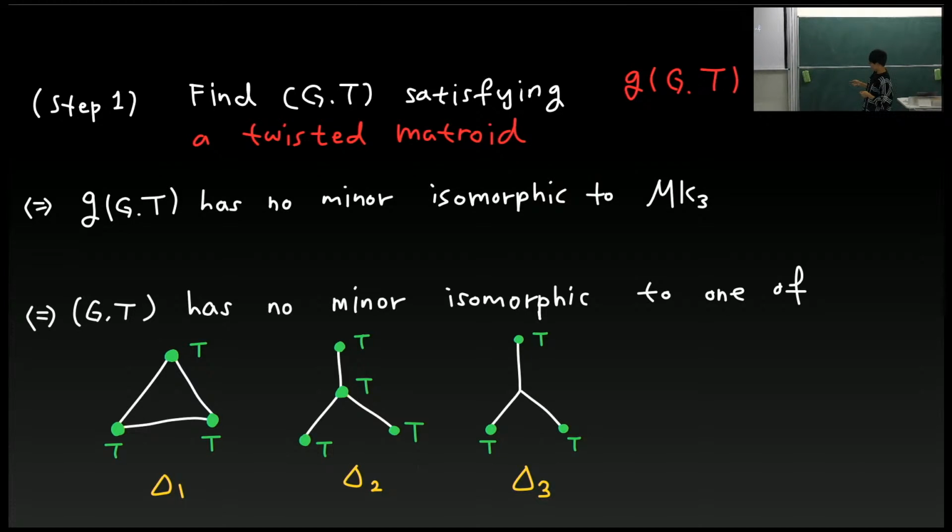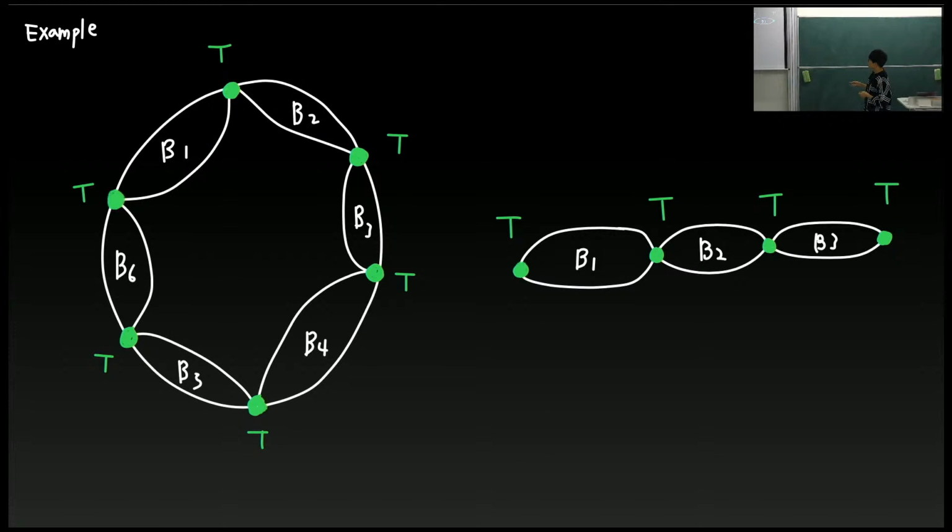So what does such a graph look like? Roughly speaking, we proved that those graphs look like this. The left one comes from an even cycle. I will call this kind of graph a graph with even cycle decomposition, and this is the graph with path decomposition.